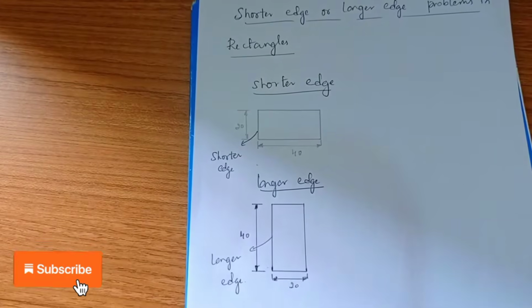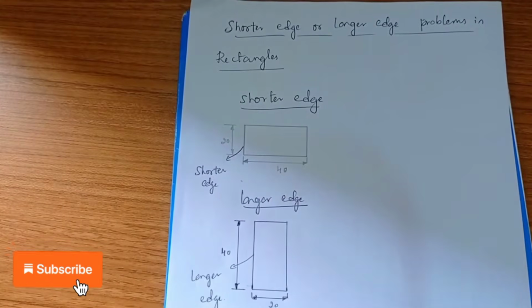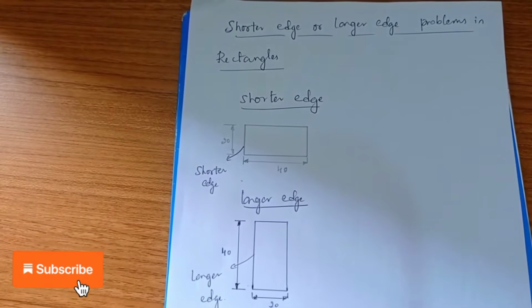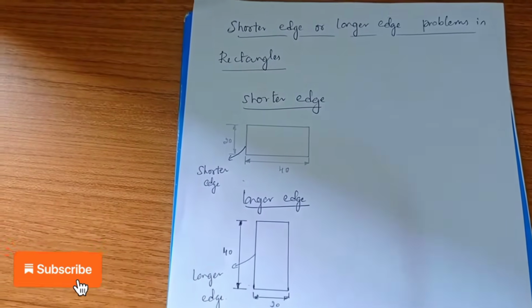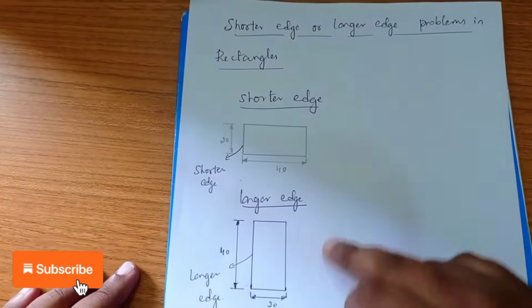Okay, we will learn another type of problem in rectangles, that is shorter edge and longer edge problems. You can see this, we have two types of problems in rectangles: one is shorter edge and the other is longer edge.